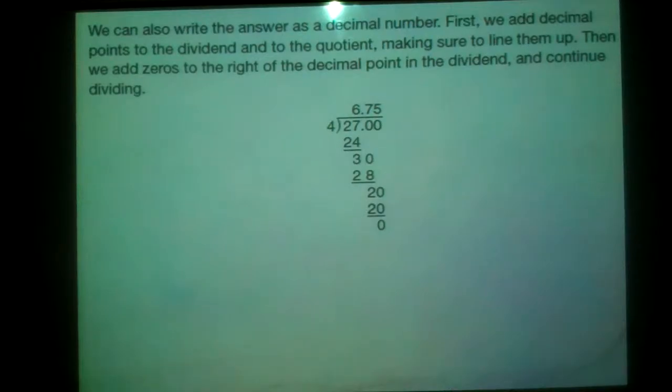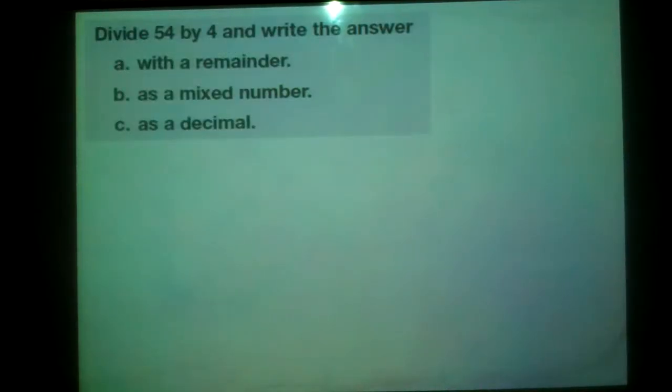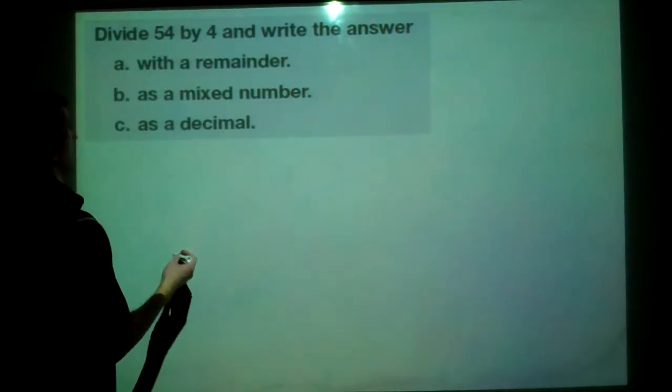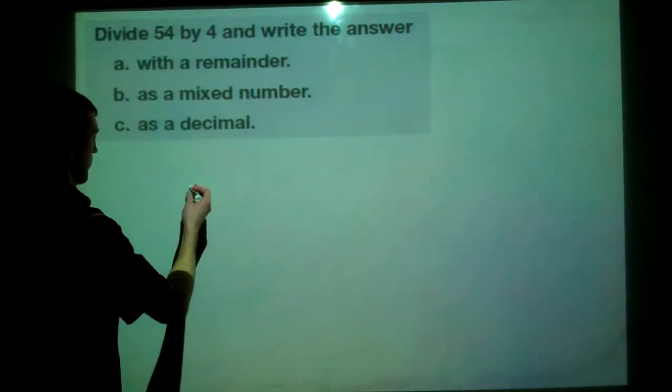And some situations will call for different answers, and it'll be up to us to decide what those are. So let's take a look at this example. Divide 54 by 4 and write the answer A with a remainder, B as a mixed number, C as a decimal. So let's just get into this right away here. 54 divided by 4.